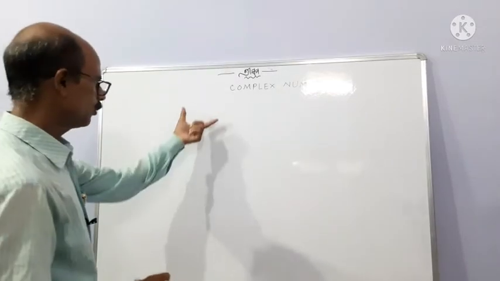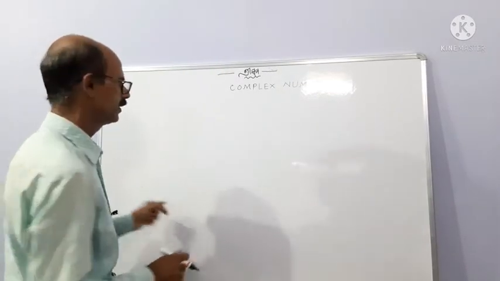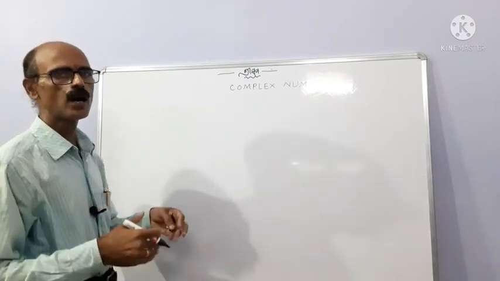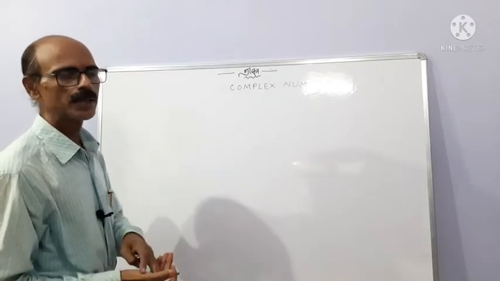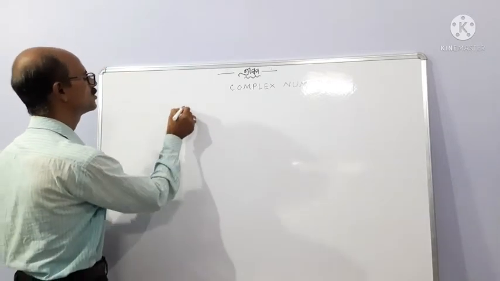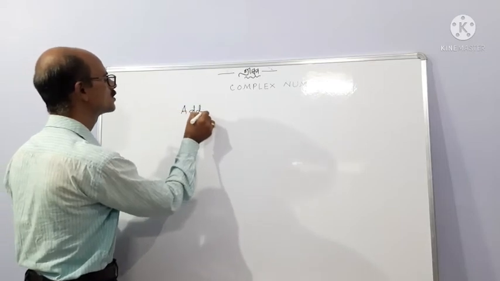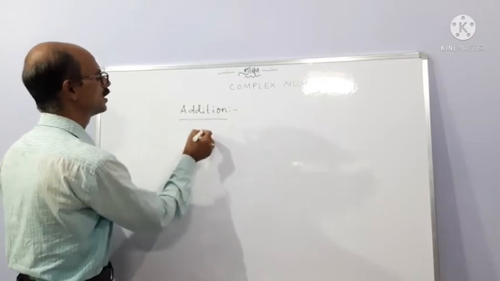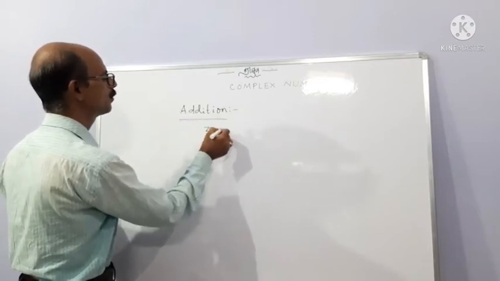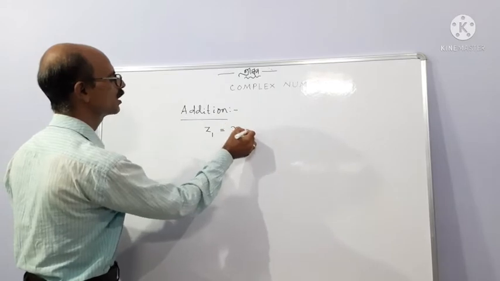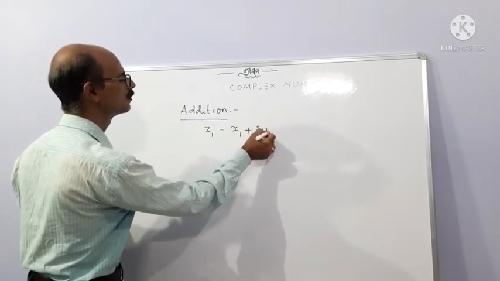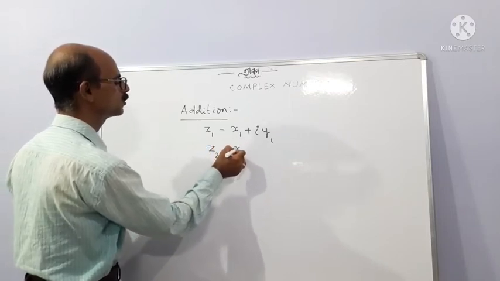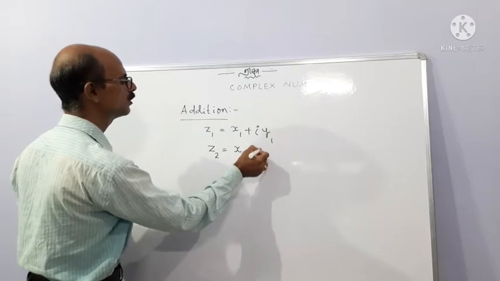Then we will discuss briefly how we will add complex numbers, how we will subtract, how we will multiply, how we will divide. Addition: suppose a complex number z1 is x1 plus i y1, and another complex number z2 is equal to x2 plus i y2.